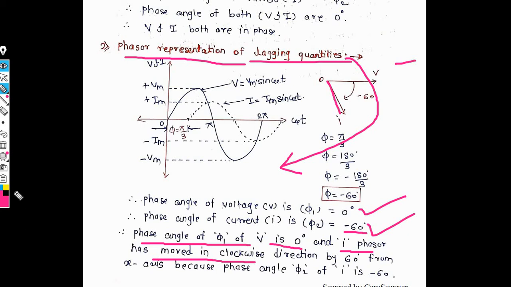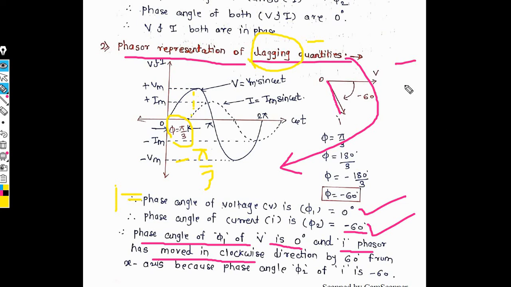Here we have considered pi by 3, but since it is a lagging quantity, we have considered minus pi by 3. But in the waveform we have shown pi by 3.